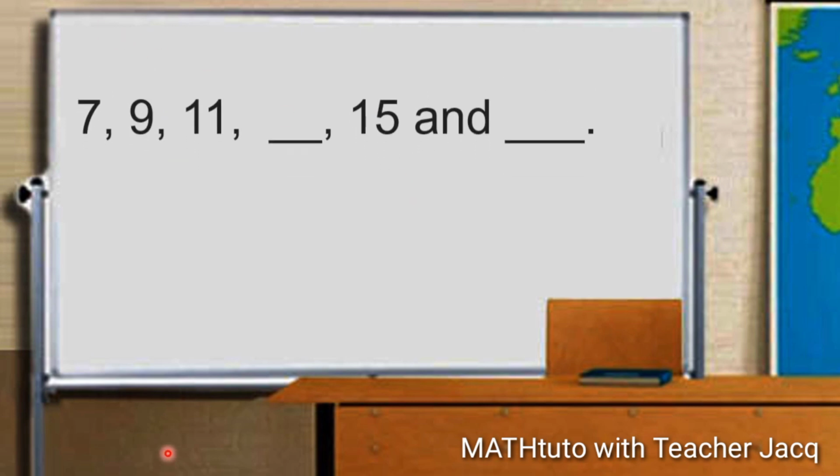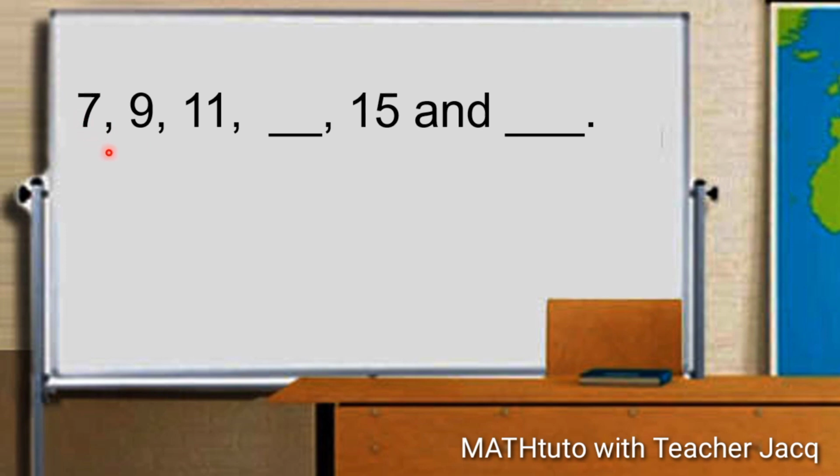Let's have our next given. So we have 7, 9, 11, blank, 15, and blank. Same process ang ginawa natin dun sa first given. Let us get first the difference of our consecutive terms. So we have 11 minus 9, correct, 2.